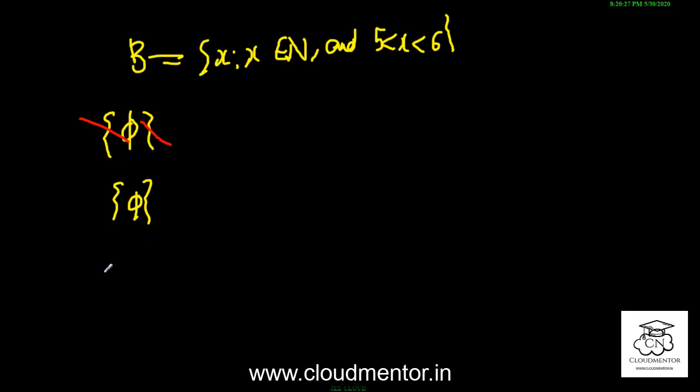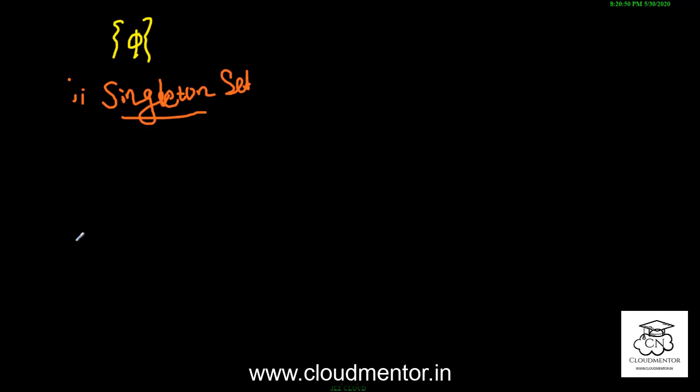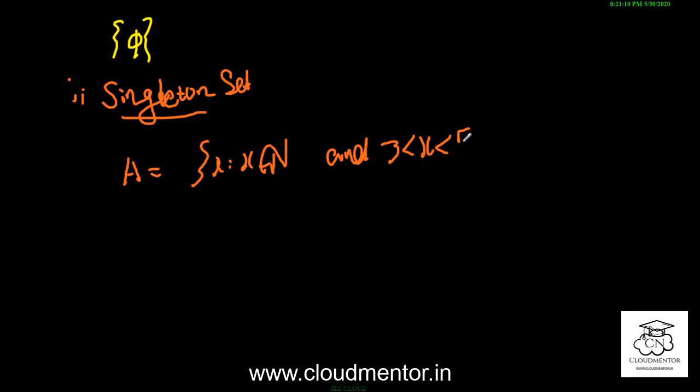And the next one is the singleton set. A set which has only one element is called a singleton set. For example, A equal to x such that x is an element of N and 3 less than x less than 5.